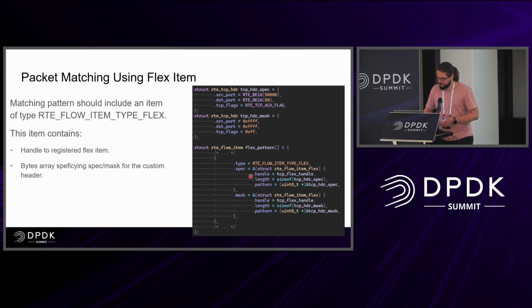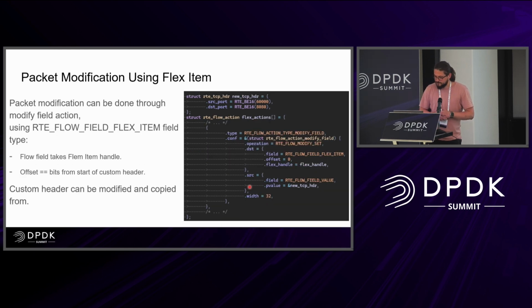This handle is used in the spec and mask of the RTE flow items, and in the API we provide an arbitrary byte array which defines which bits of the header we want to match on, which must resemble the samples we provided as well. In this case, since we were using standard protocols, we can reuse the TCP header struct defined in the DPDK API, but this can be any arbitrary byte array.